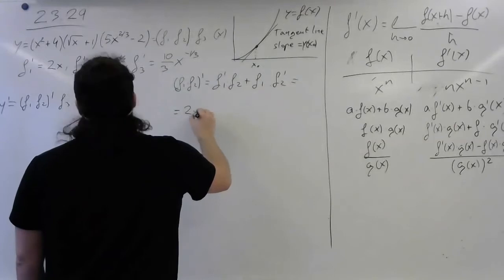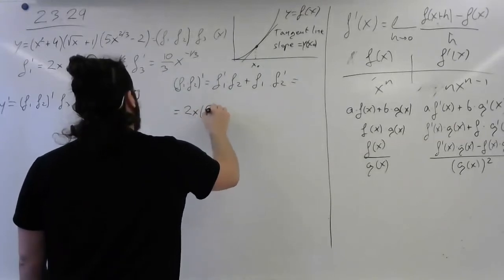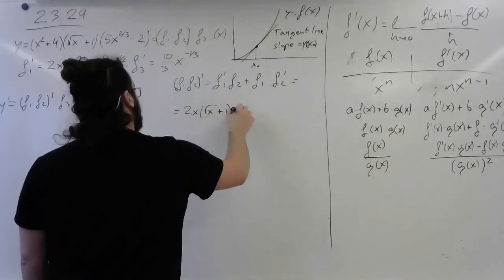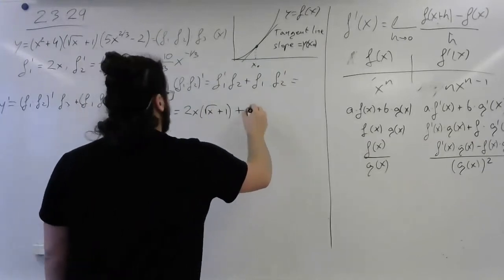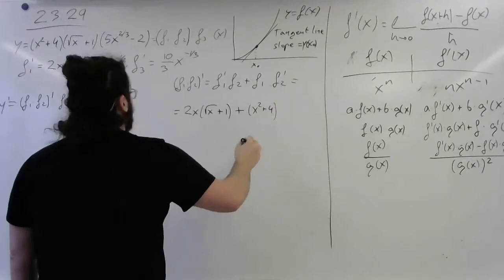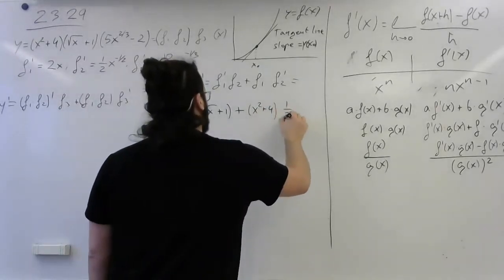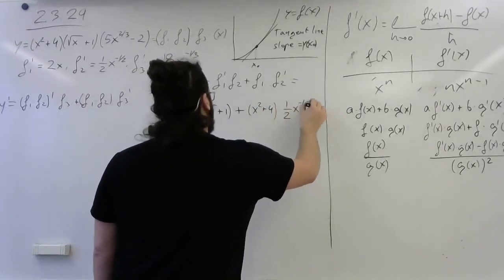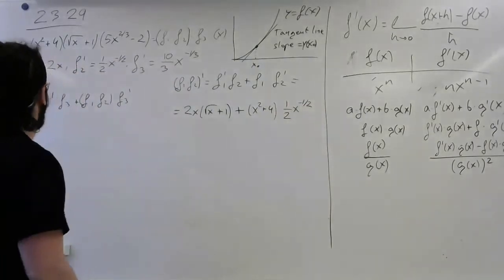This is 2x square root of x plus 1 plus this.